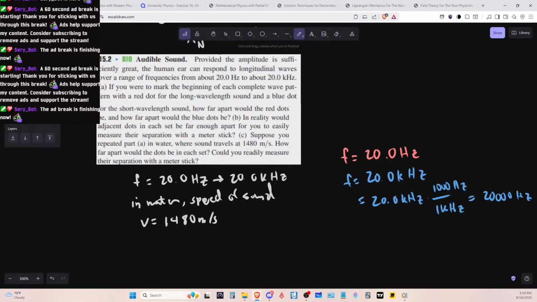So for this question, I need a speed. I need a speed for this reference, so that way we can calculate the wavelength.